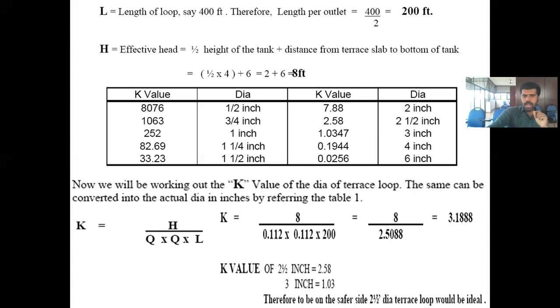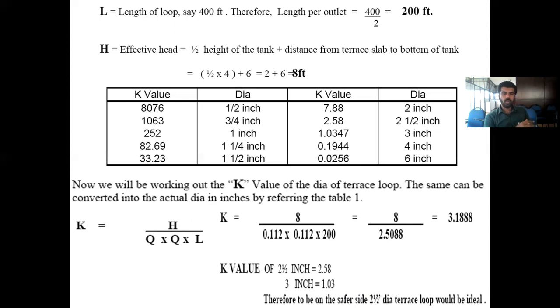So as a safe method, we can go for the higher value, 2.5 inch. Therefore, on the safer side, 2.5 inch dia terrace loop will be ideal. So this is the way to find out the diameter of the loop.